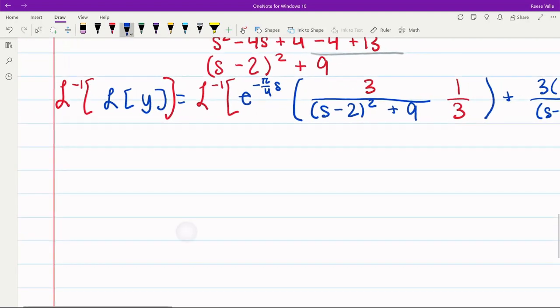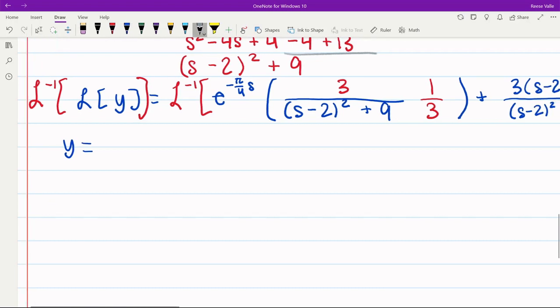So then the left side just becomes y. This is going to equal, and then this guy is just going to be u of pi over 4 of t. Cool.